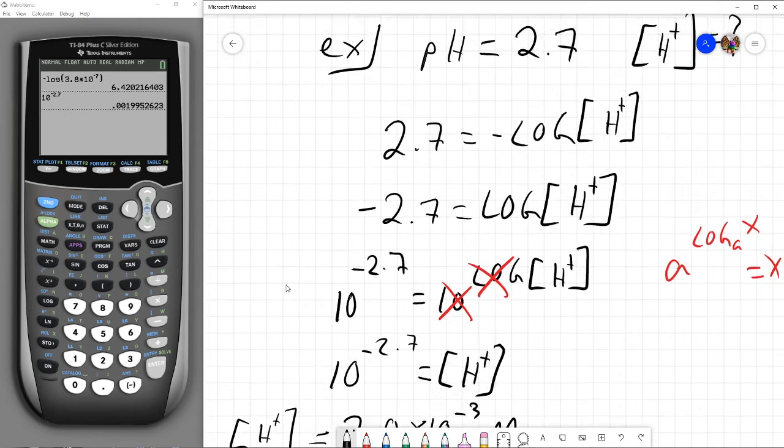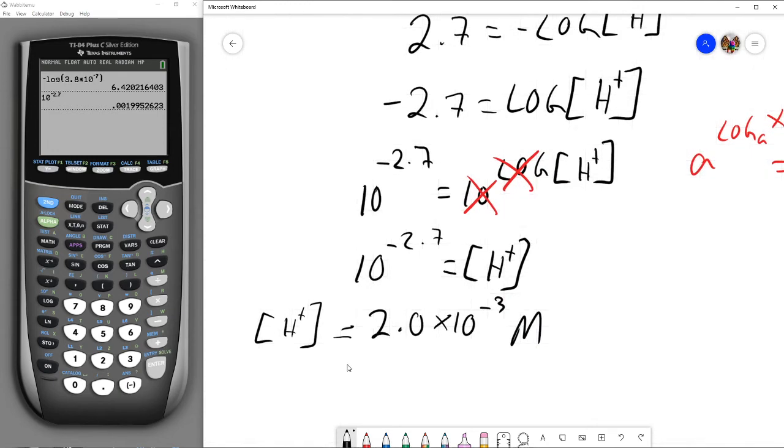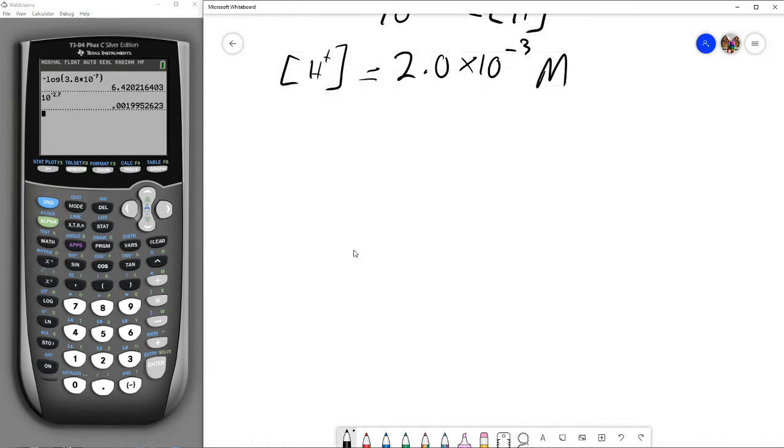A second usage for logarithms is, as I mentioned before, physics, and it is the decibel scale. The decibel scale measures how loud a sound is.